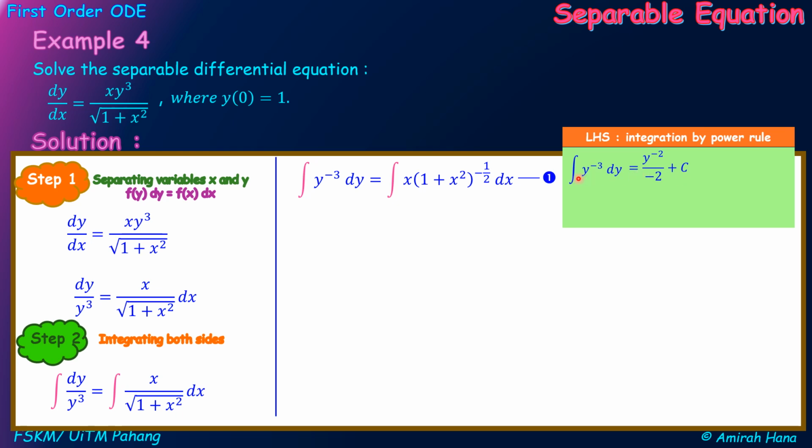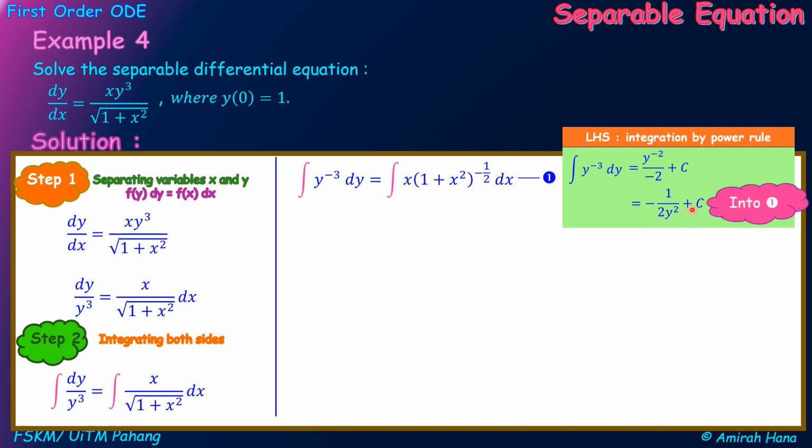After we integrate, there is no more integration sign. Or we can write negative, and then we move down y to the power of negative 2, so we get 1 over y squared. And then we have the negative sign in front here. So we can write equals negative 1 over 2y squared plus c.